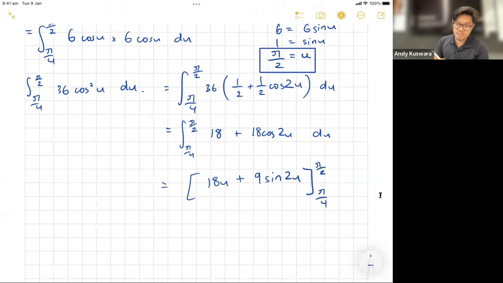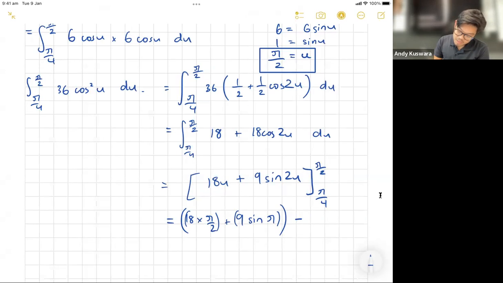Whew. Okay, almost there. And so here, let's just do a little bit of math. So now it'll be 18 times pi on 2 plus 9 sine pi, because that's 2 times pi on 2, which is just pi.